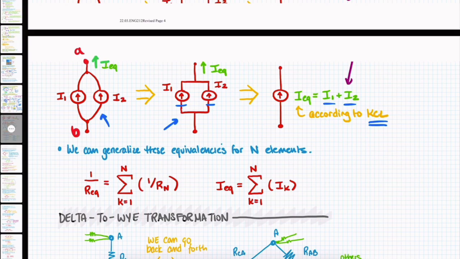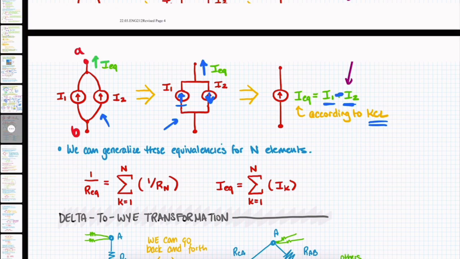Okay? If our I equivalent is assumed to be flowing upward, then that means that it will be composed of the sum of those two currents, assuming they also have the same direction. If I2 were flipped around, then you would have I1 minus I2.